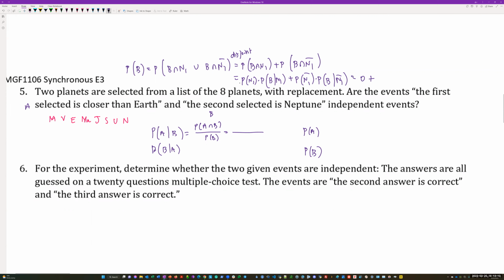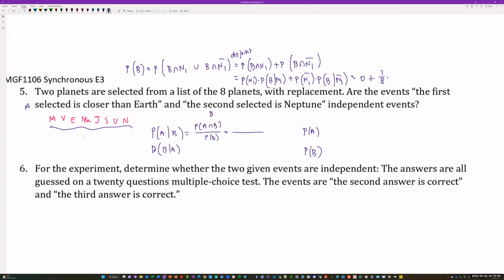The chances that we don't get Neptune on the first one is what? 7 out of 8. There's 8 of them. The chance that we don't get Neptune is 7 out of 8, right?